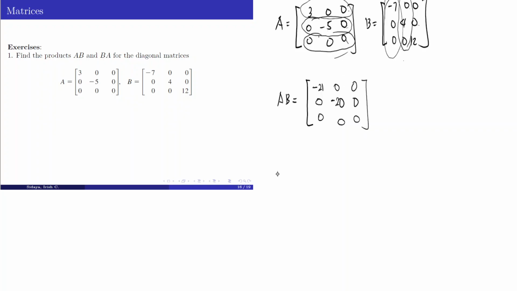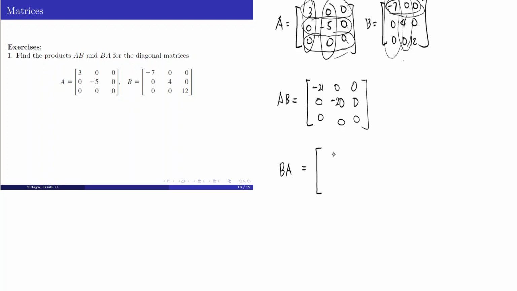So what about the product BA now? We start with the matrix B multiplied by A. Your first step would be the first row of B multiplied by the first column of A, and also the first row of B by the second column, and then the third column, and so on.